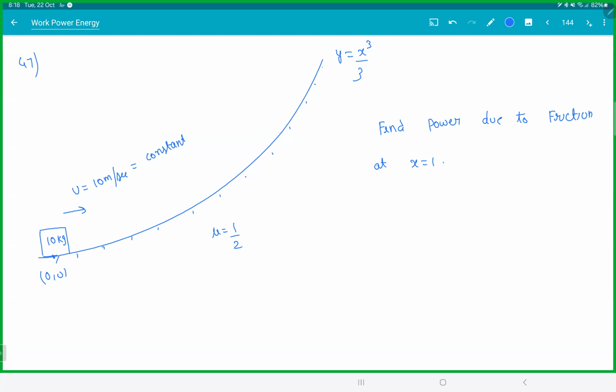So this block is sliding on a curved surface whose equation is y equals x cubed by 3. Find the power due to friction at x is equal to 1.